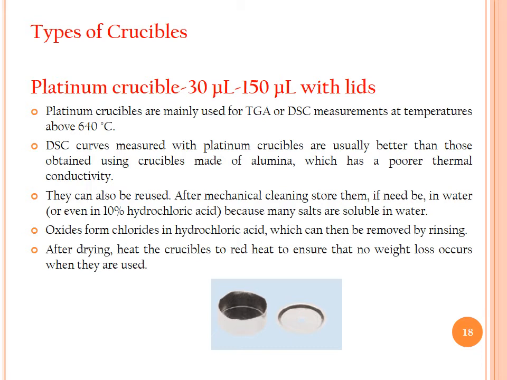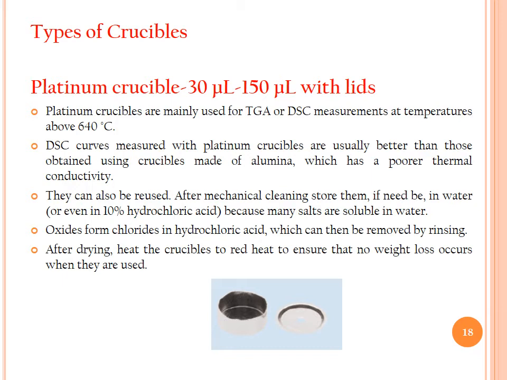Platinum crucibles are mainly used for TGA and DSC measurement at temperatures above 640 degrees centigrade, because these crucibles have the ability to bear very high temperatures. DSC curves measured with platinum crucibles are usually better than those obtained using crucible made of alumina, which has a poorer thermal conductivity.